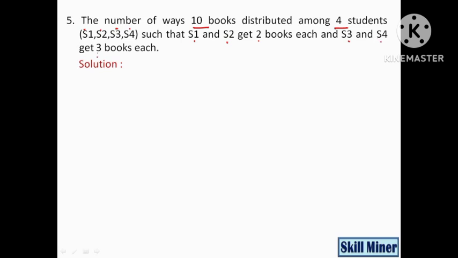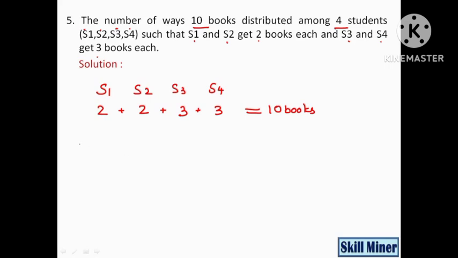Okay, guys, there are 4 students, S1, S2, S3 and S4. Here S1 and S2 are getting 2 books. S3 and S4 are getting 3 books. So totally there are 10 books. Okay. 2 plus 2 plus 3 plus 3 gives you the value 10.